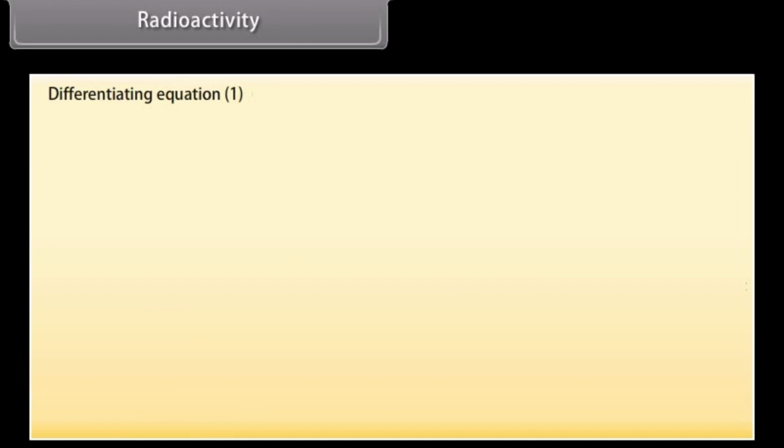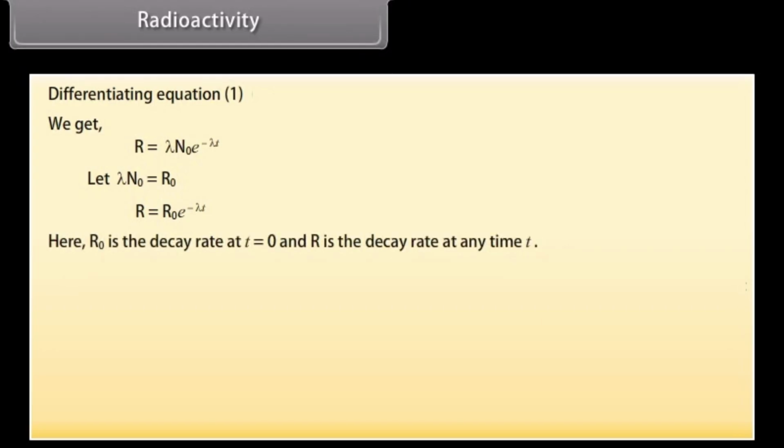Differentiating equation 1, we get R = λN0 e^(−λt). Let λN0 equal R0. R = R0 e^(−λt). Here, R0 is the decay rate at t = 0 and R is the decay rate at any time t.